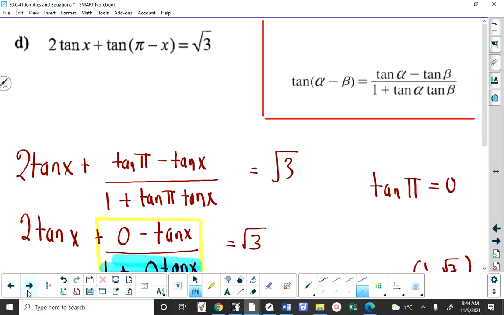This is not a difficult question unless you just freeze. If you just look at it and expect something to pop into your head, it's probably not going to happen. But if you look at it and say, okay, I have a difference, I'm going to try, that's where the word try comes in, the difference identity. Then at least you get your foot in the door and you can start taking a look at different things that might help. Other questions?